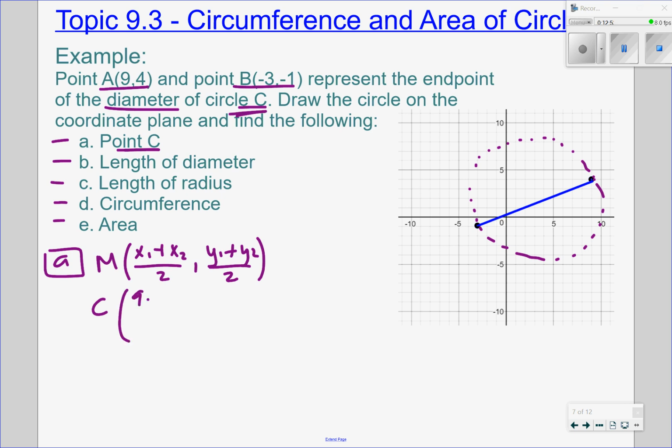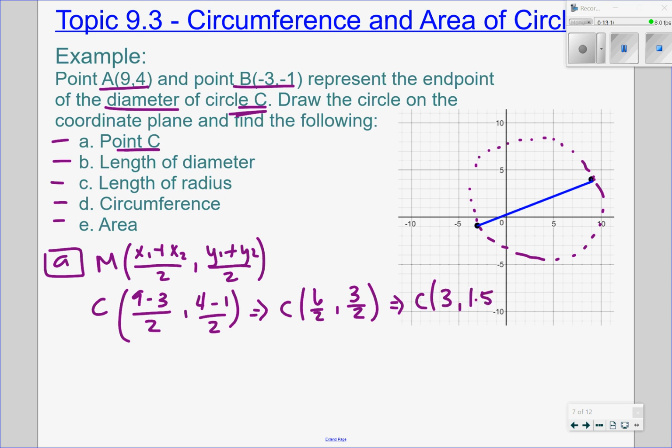So this would be (9 plus -3) over 2, our x's, and then (4 plus -1) over 2. So then point C, 9 minus 3 becomes 6 over 2, 4 minus 1 becomes 3 over 2. So we would say point C is actually located at (3, 1.5).